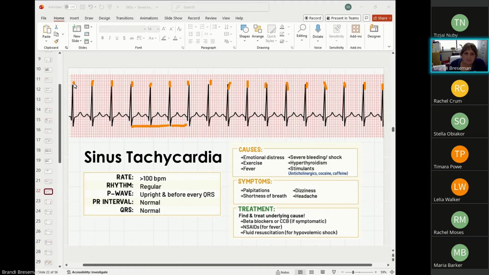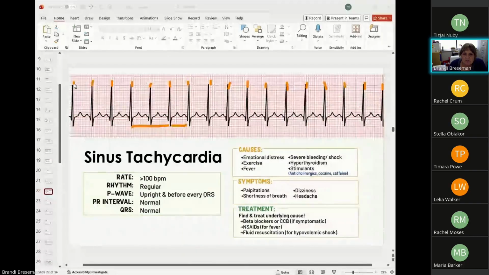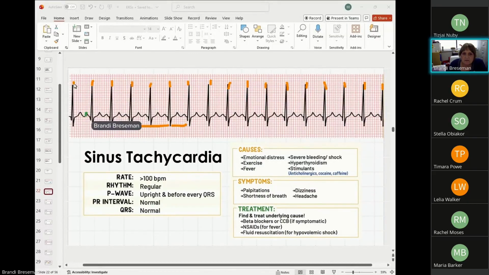I have a P wave in front of every QRS, like there's one, there's one, there's one. So you see there's a P wave in front of every QRS. Okay. Everybody see our P waves?